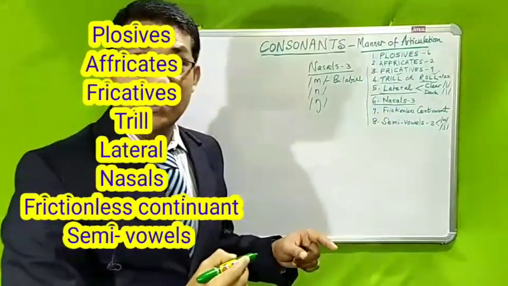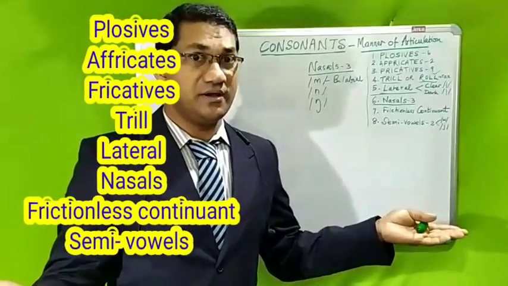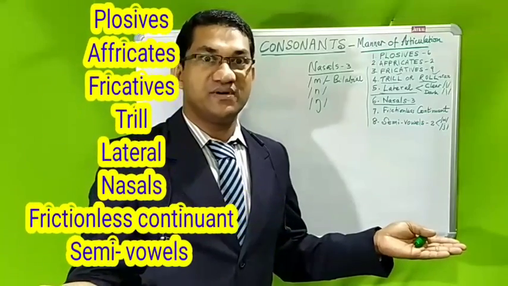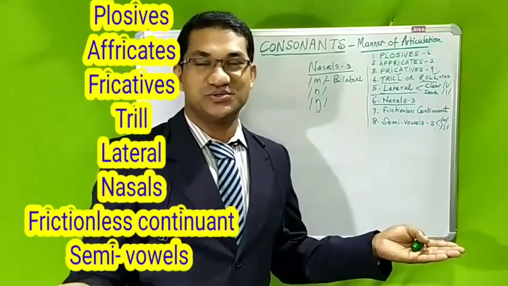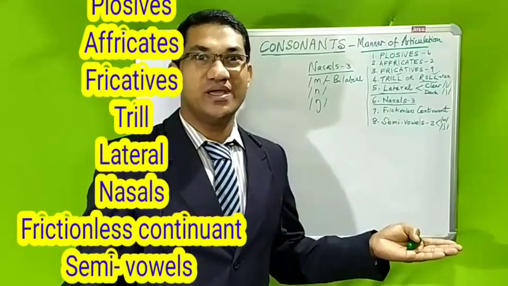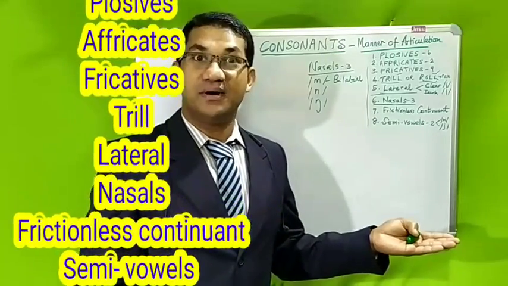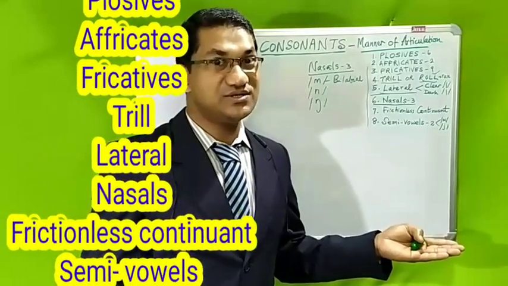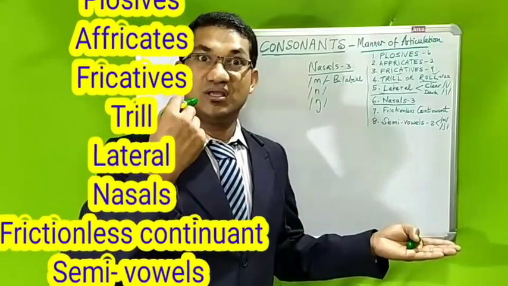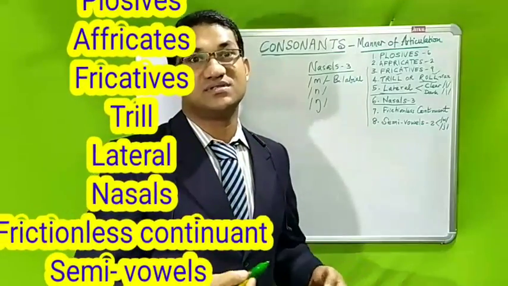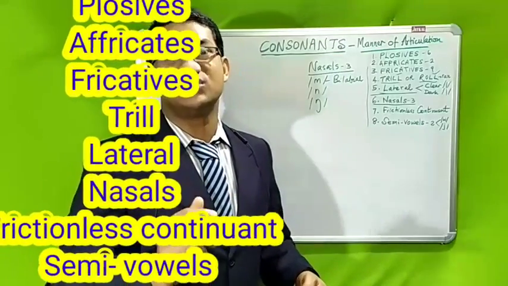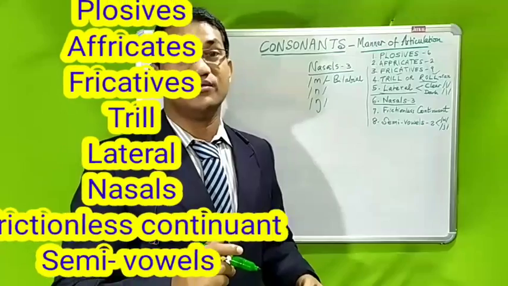The first nasal sound is produced by a closure of the oral passage between the lower lip and the upper lip. Bilabial nasal. Air is just coming through the nasal cavity. So the first nasal sound is clear to us. It's a bilabial nasal.